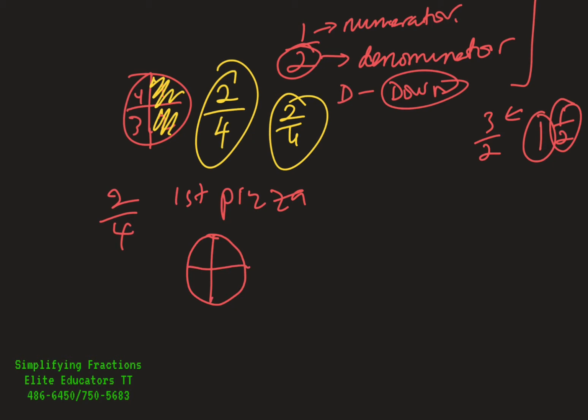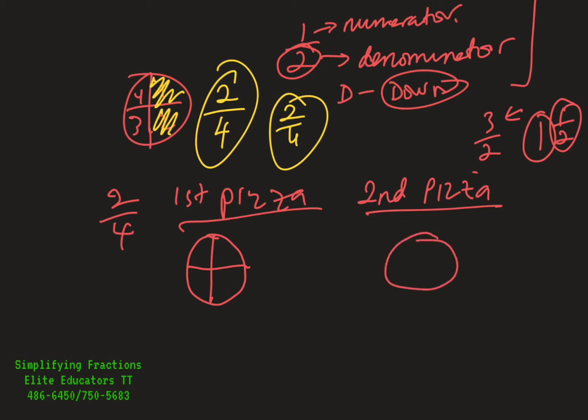Now, what would happen if we have a second pizza from Pizza Hut, and that pizza person was even more sleepy because they played Fortnite and PUBG the whole night, and they have the same pizza, and they divide it into 2 equal slices. 1, 2. So you guys see, that's 2 slices. This is 1, 2, 3, 4 slices.